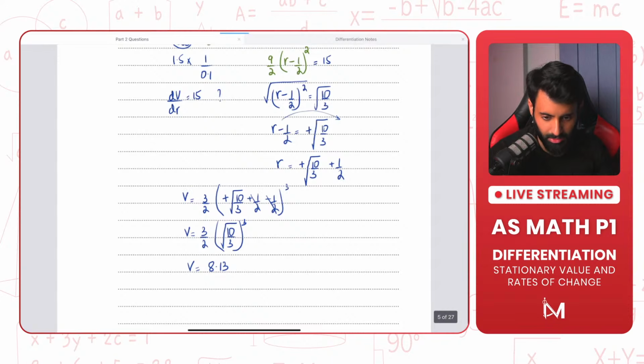Anyway, so isn't the answer 9.13? Is it? Let me check. 3 upon 2 into square root.